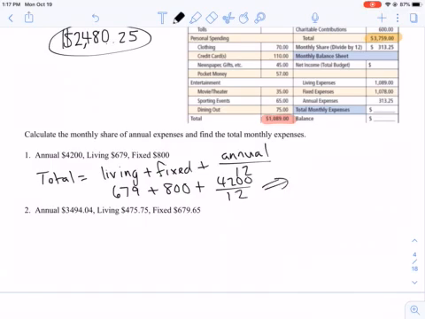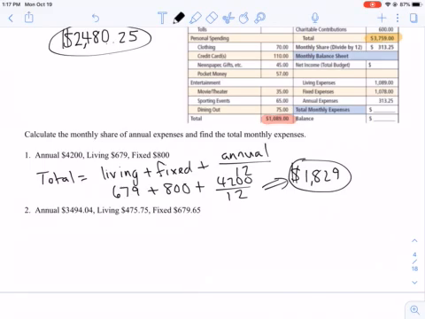So let's find out what that is. Again, we can just put this total into our calculator and find out right away what our monthly total expenses are. Now, if you did it correctly, you should have gotten this. So this person has a total monthly expense of $1,829.